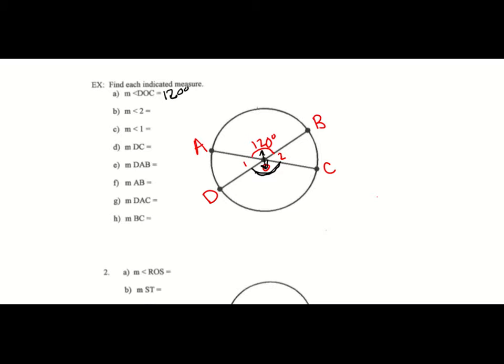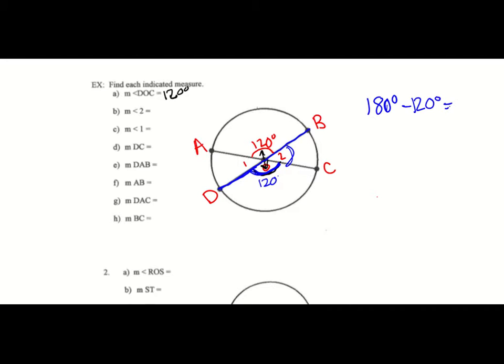The measure of angle 2, we have a diameter going straight through our center right across here. Our diameter divides it into two semicircles, so half that circle is 180 degrees. If we took away this angle right here, which we know was 120, we are going to be left with angle 2 here.